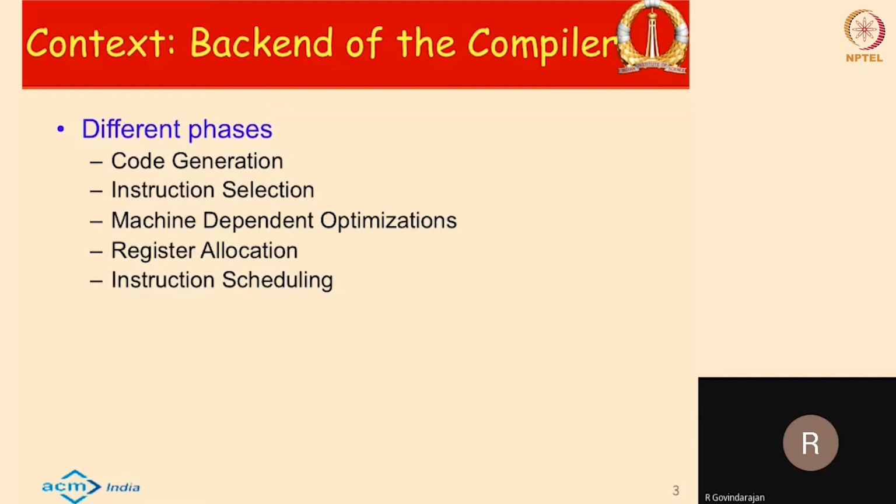One affects the performance of the other. Unfortunately, we may not have a lot of time to talk about it, but I will at least allude to that problem that we may face and what kind of solutions we can possibly have. So what we are going to focus on in today's lectures is mostly register allocation and, to a certain extent, instruction scheduling.